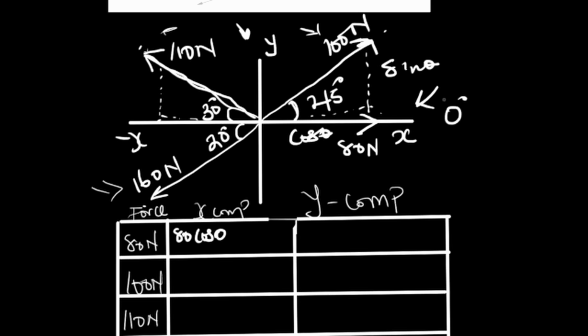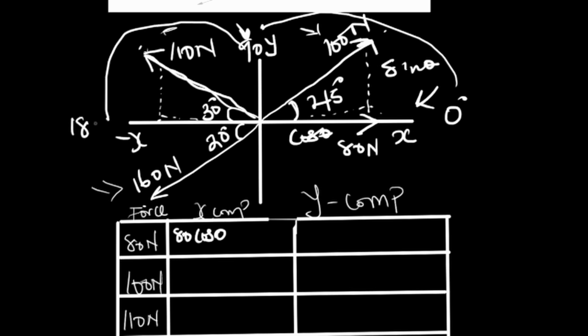From 0 all the way to this part is 90 degrees. From here all the way to this place is 180. From here again to this place is 270. And lastly, this one is 360. So a total revolution is 360.